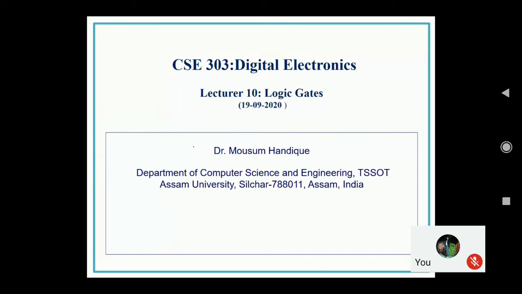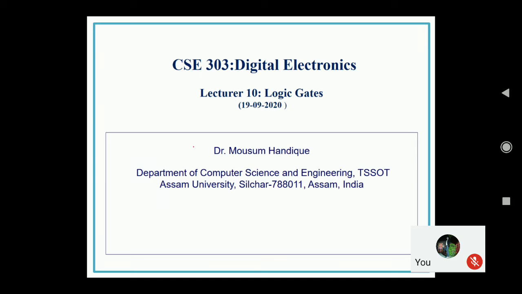Input means, when we are considering one particular device, we are providing some particular type of signals. And a signal is nothing but some type of input. Now when we are talking about inputs in digital electronics, we consider only binary sequences, 0 and 1.